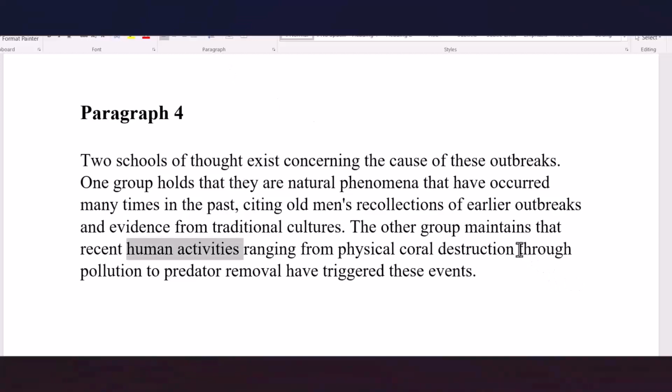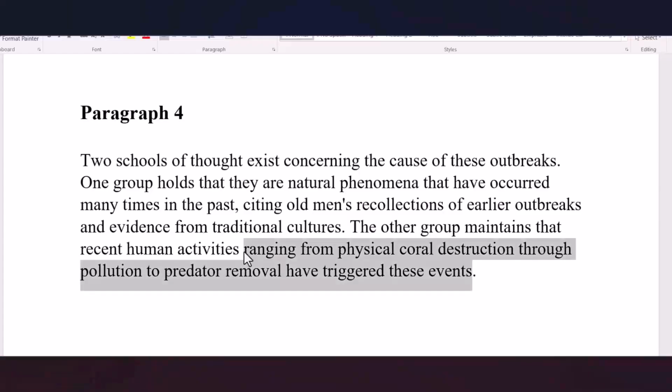In this sentence, through means via, with the aid of, by means of. This is a preposition here. This clause in the last sentence is a restrictive relative clause. It is restrictive because it has not been set off by any comma before or after it.